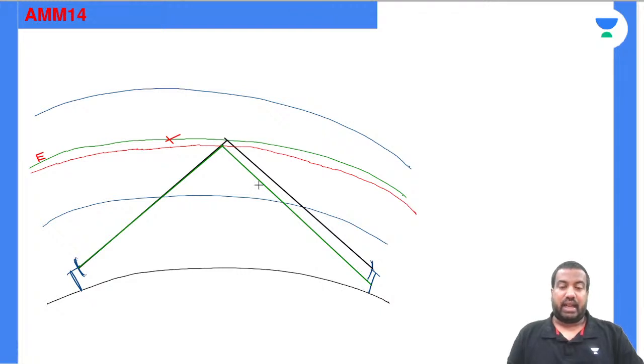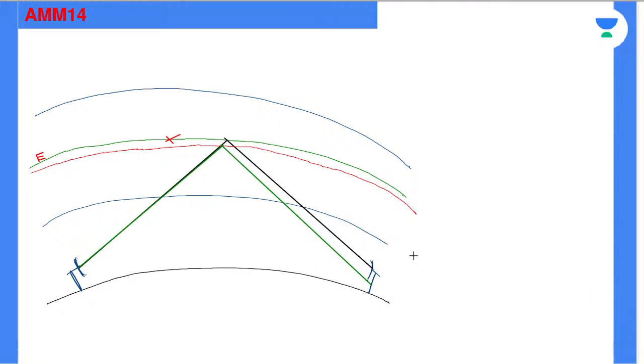Naturally, now you tell me, is the signal strength same here?